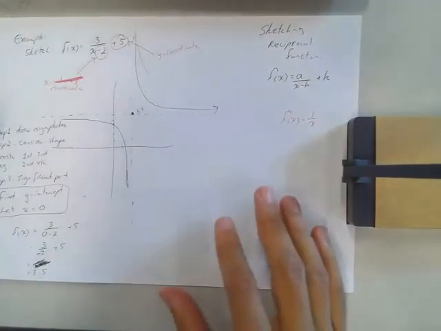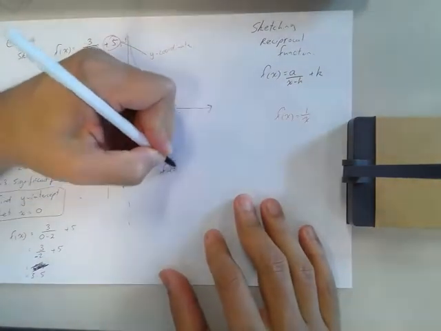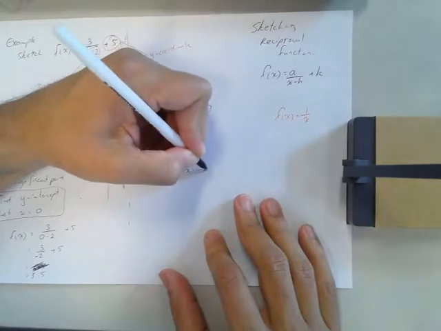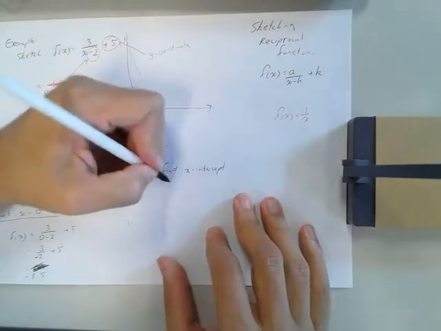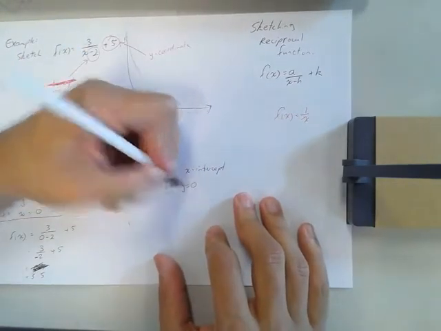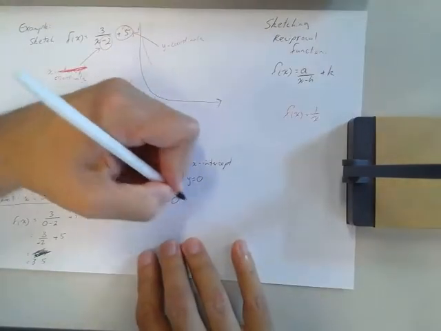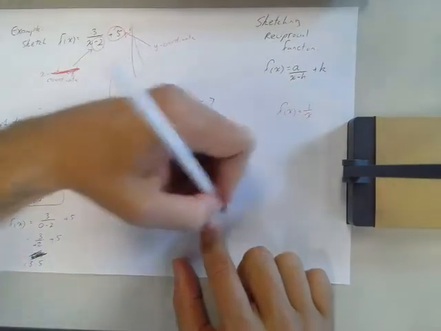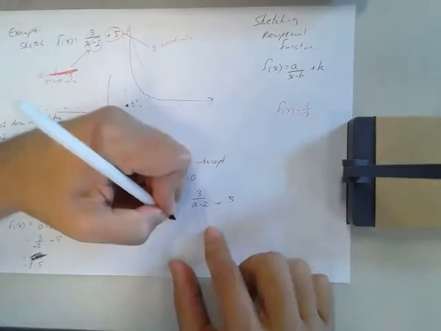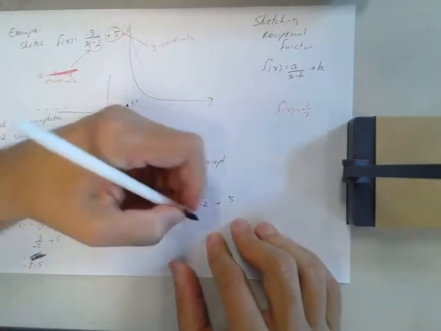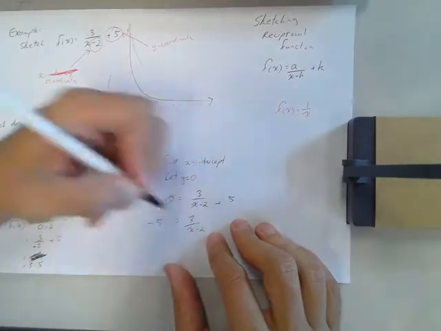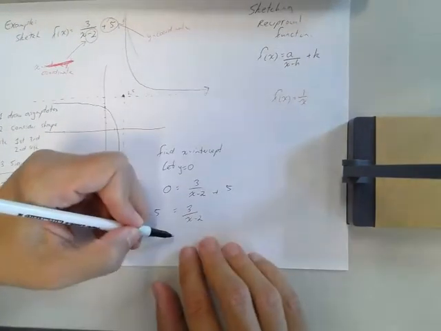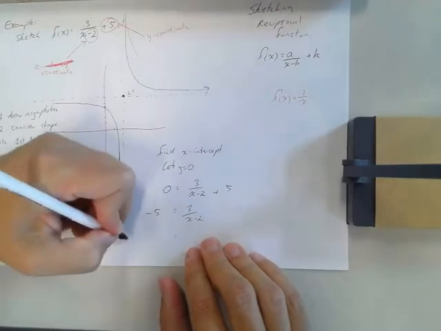Now, for the sake of completeness, I can find the x-intercept by letting y equal 0. 0 equals 3 on x minus 2, plus 5. Negative 5 equals 3 on x minus 2. This takes a little bit of mucking around.